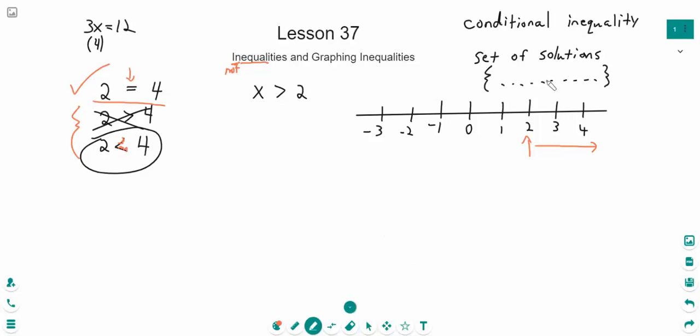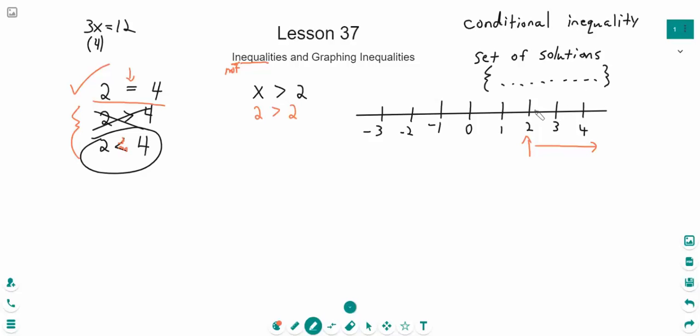But it's not going to include the 2. It wouldn't make sense to replace x with a 2, because this would not be a true inequality. 2 is not greater than 2. So we can't include the 2, but we can include everything after the 2.